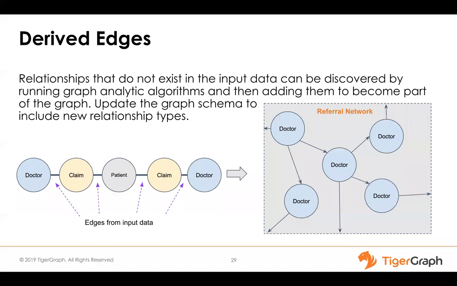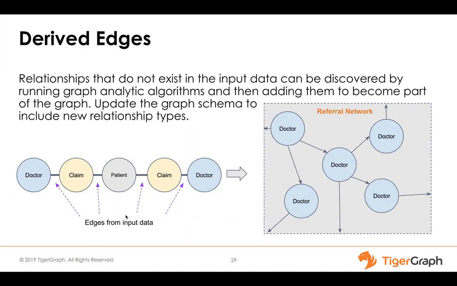In this case, it's how we build a referral network. Because in our input data, we don't have this referral relationship at all. So that type of relationship is calculated and populated by a query through some analytics.